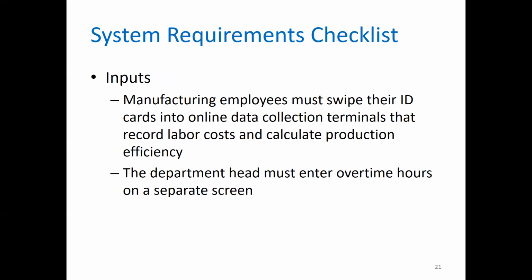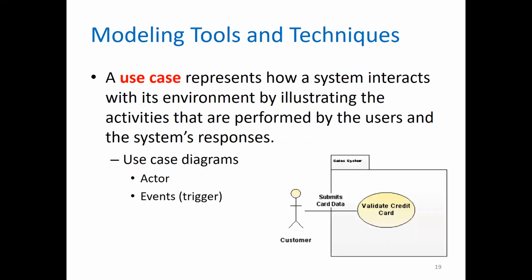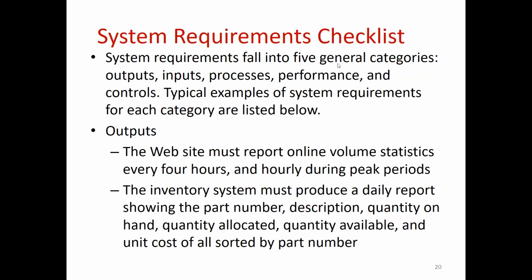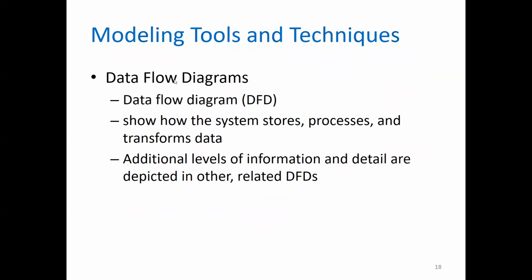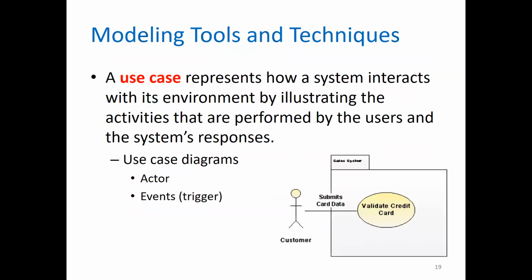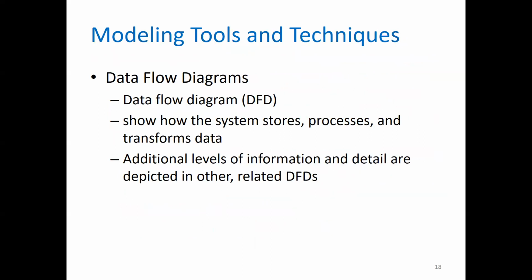Now, things to note so far: in the systems requirements checklist, you should know the 5 general categories. Do make a mark somewhere or note that you need to know this. You also need to know the definitions for data flow diagram and use case. Note it down somewhere, please.